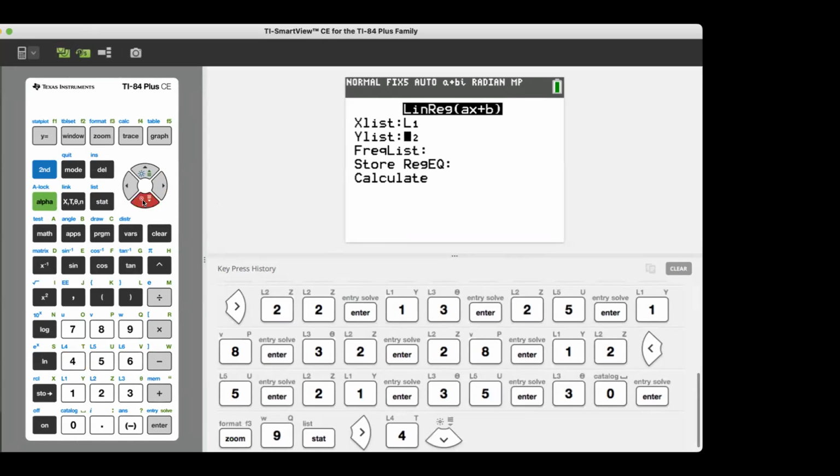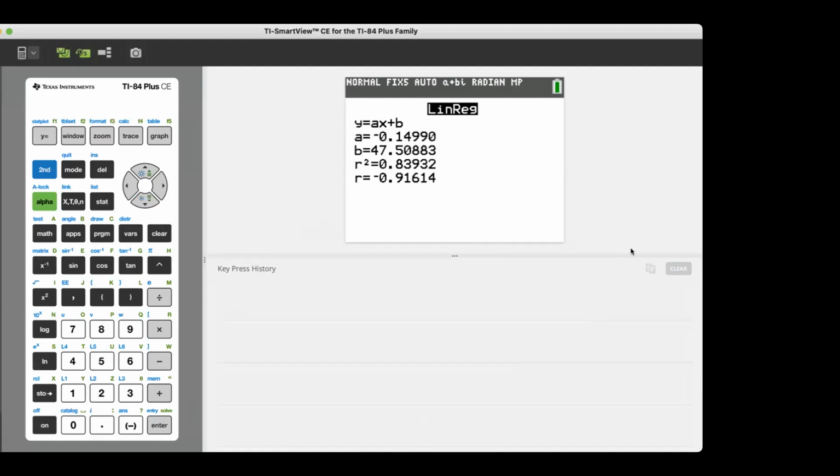I'm going to ignore frequency list and store regression. Highlight calculate, press enter. Here is y equal to ax plus b, with the a value, b value, and R. The b is 47.50883, and the R is negative 0.91614. Any questions so far?